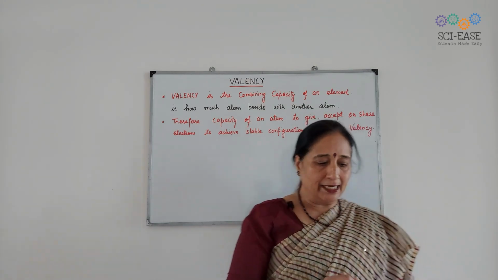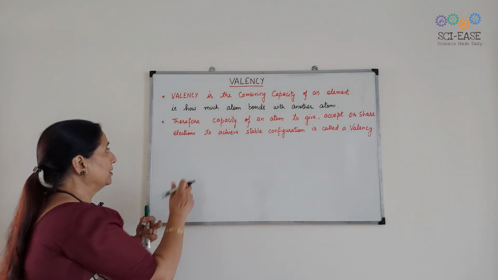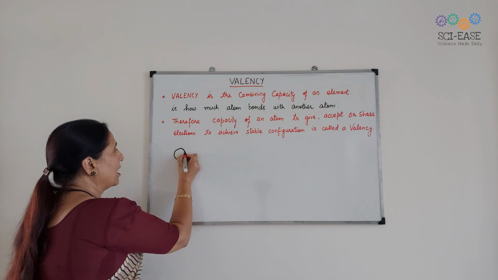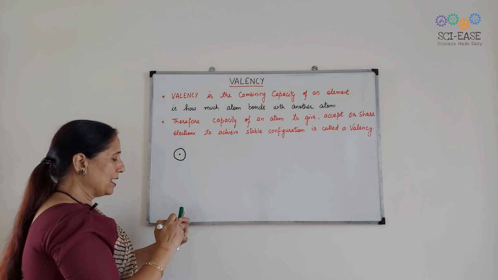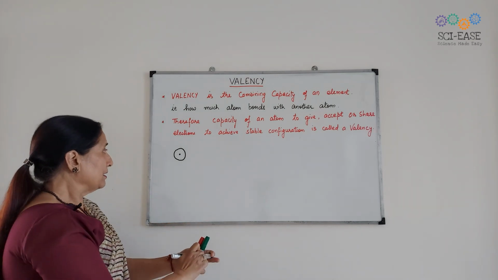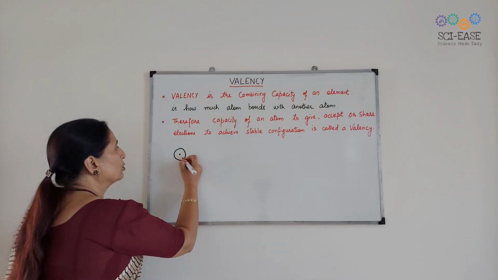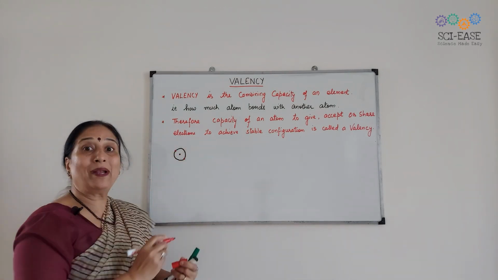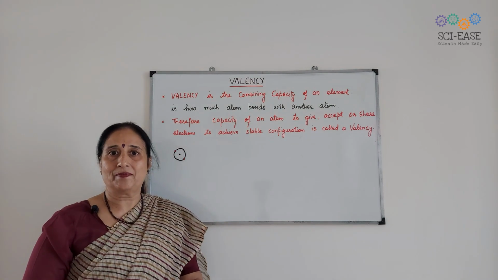In case of helium, it has 2 electrons in its outermost shell, means the first shell. This is the nucleus and there are 2 electrons in its outermost shell. This means duplet. Here we will say that the duplet is complete.